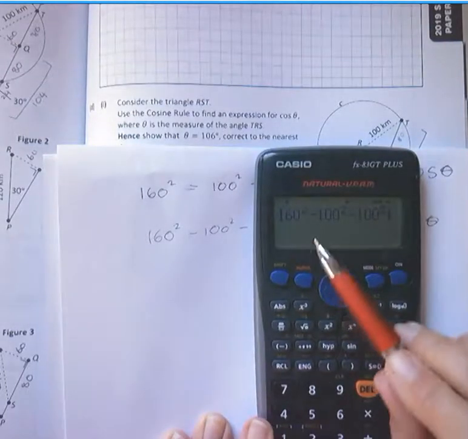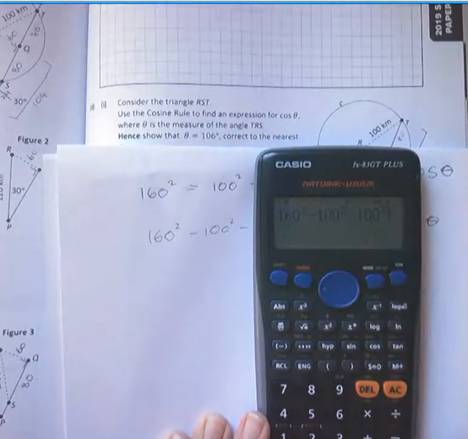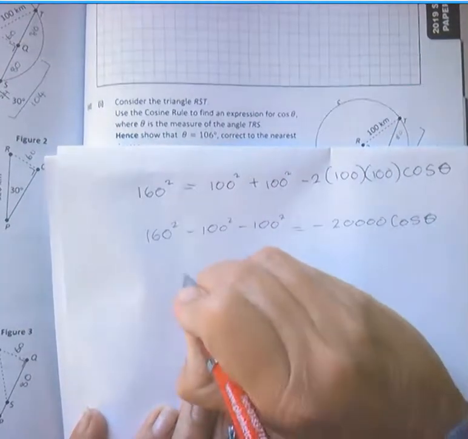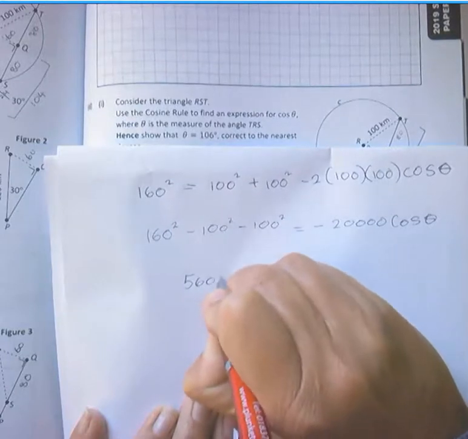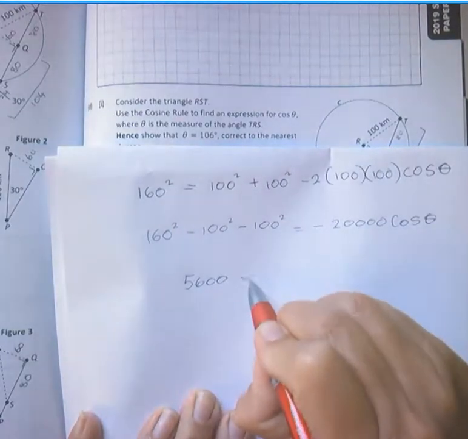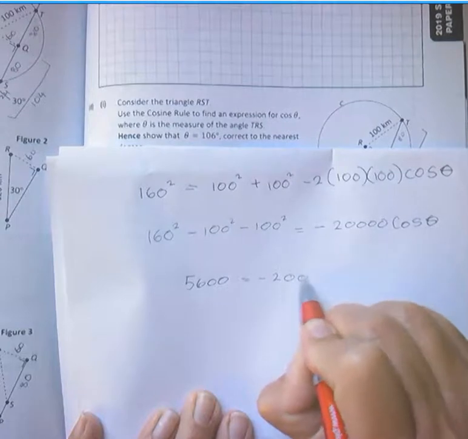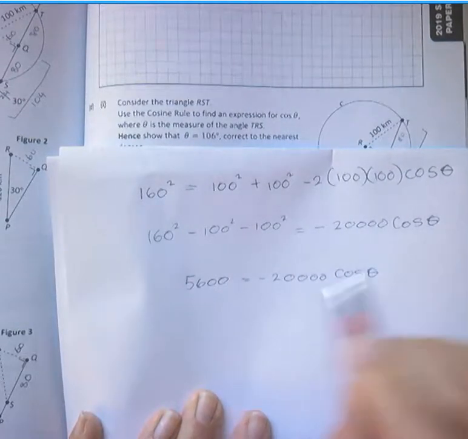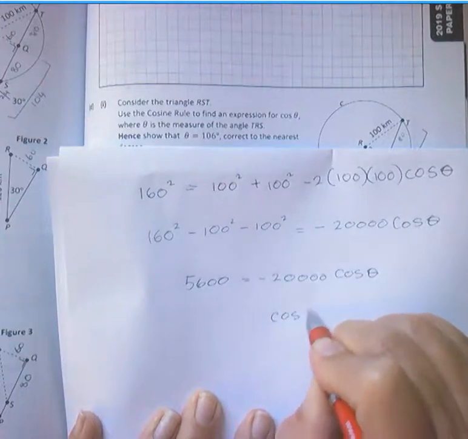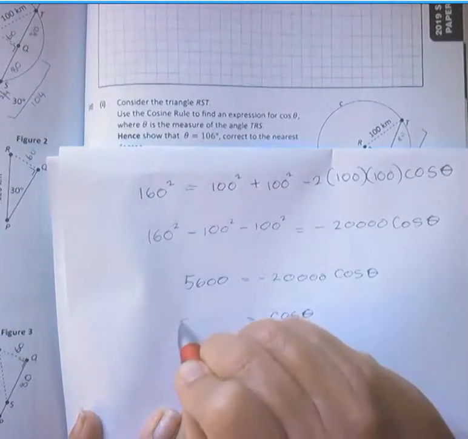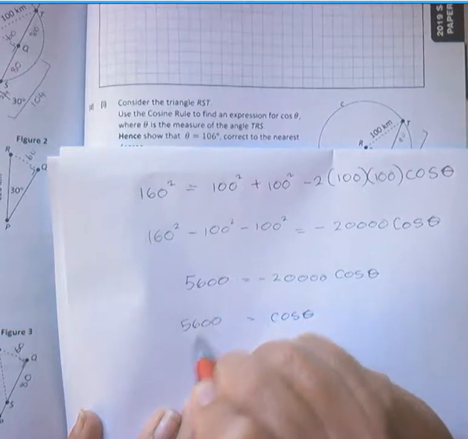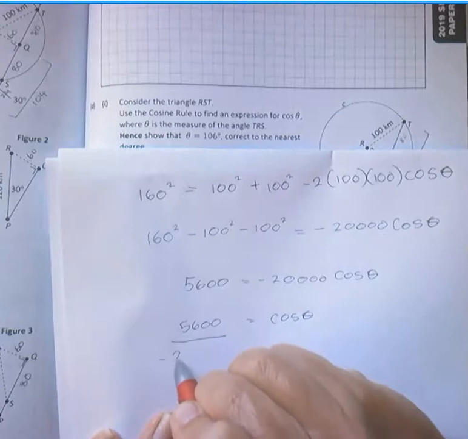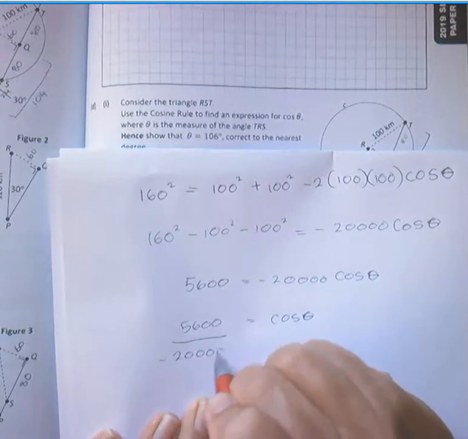So 160 squared, take away 100 squared, take away 100 squared on my calculator gives me 5,600. So I have 5,600 on this side is equal to minus 20,000 cos theta. So that means cos theta is equal to 5600 divided by minus 20,000.